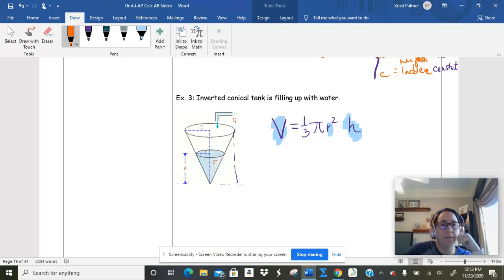There are my variables. Remember, pi is a number, not a variable. So I want you to tell me V is the volume, R is the radius, and go ahead and see if you can get these down yet. H is the height.